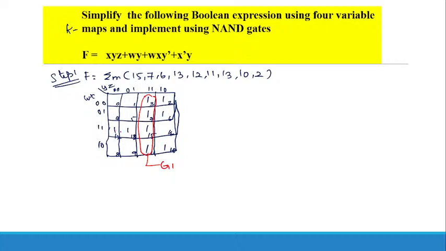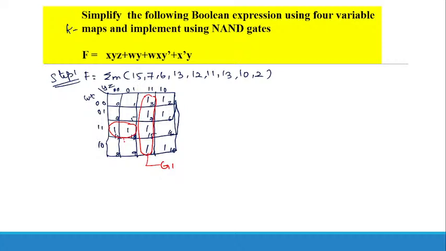These two are left out. Could you group these as a quad? No. Only a pair. Is anybody adjacent to this? No. Whoever is adjacent, they don't carry any value. So I will go for a pair. What is the next grouping level? Next, if 4 is not found, then I have to go for a 2 cell combination.